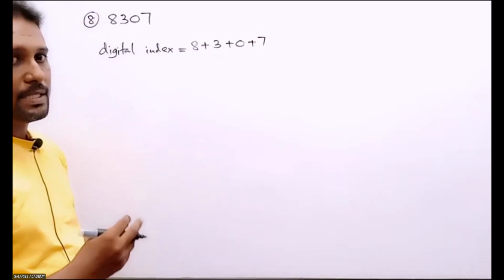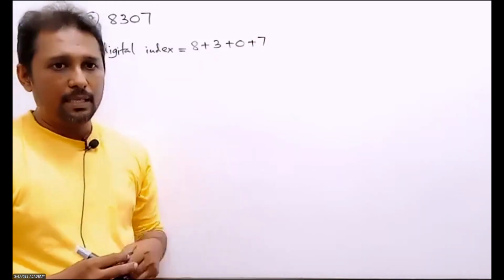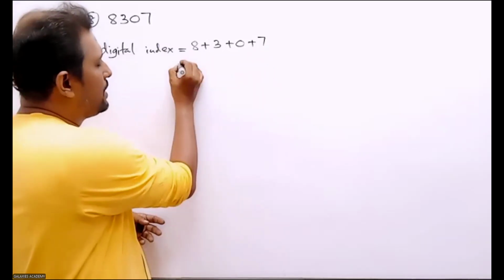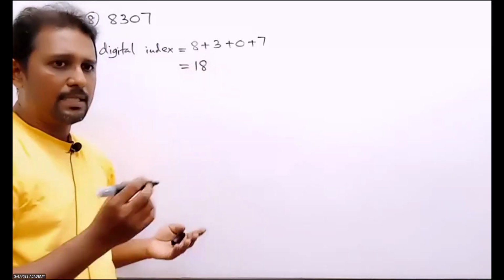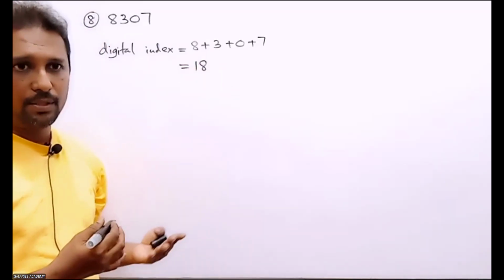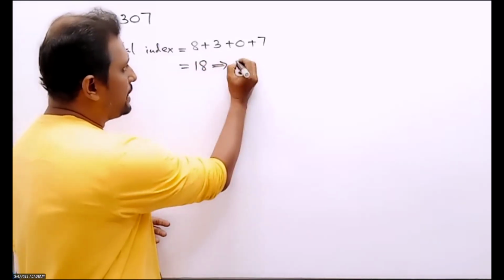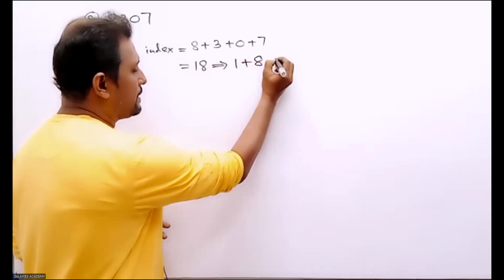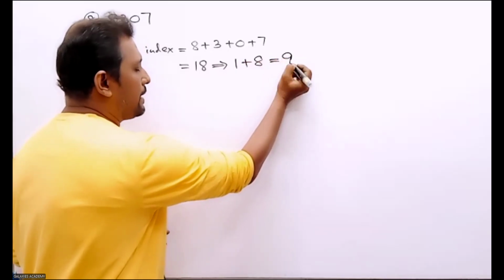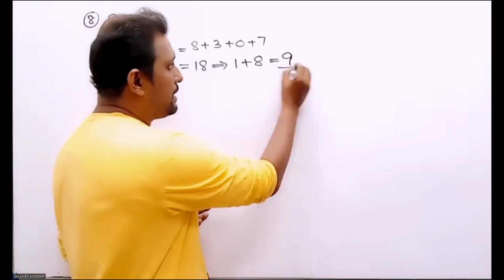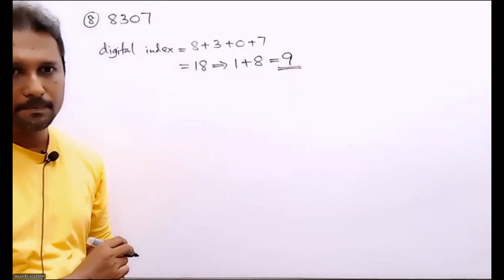Now add these values. 8 plus 3, 11. 11 plus 7, 18. But 18 has 2 digits, so it is not the digital index. Then again add these 2 digits, 1 plus 8, 9. 9 is a single digit value, no? So the digital index is 9.